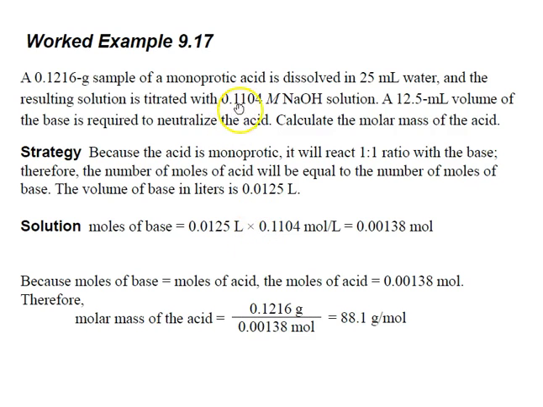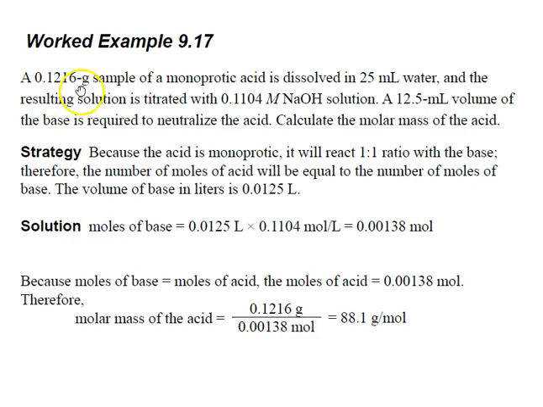And then we use our concentration, which is moles per liter, written out, moles per liter for molarity. We set it up in this fashion so that our moles are on top, liters on the bottom, so that liters cancel. It leaves us with moles. And then since it's 1-to-1, our moles of base are equal to moles of acid. So here's our moles of base, same as the moles of acid.